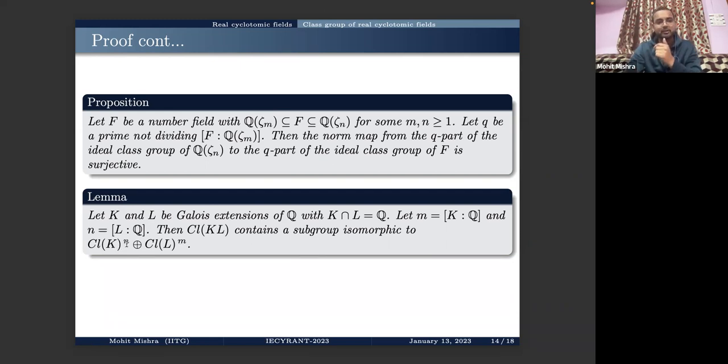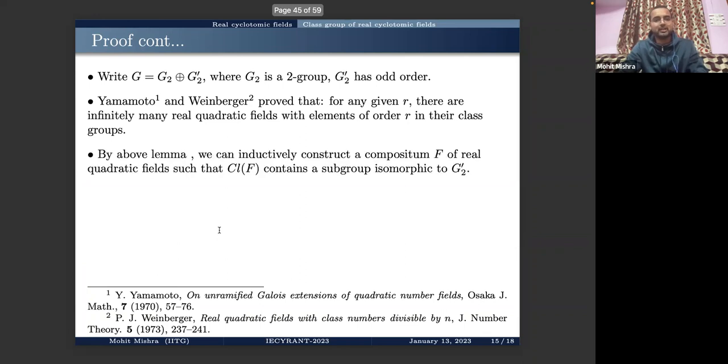So if we take its power 2, this is invariant. And similarly here, so Z mod 25Z direct sum Z mod 3Z occurs as a subgroup of the class group of the compositum of K1 and K2. So now similarly, inductively, we can construct a compositum F of real quadratic fields such that the class group of F contains a subgroup isomorphic to G2 prime.